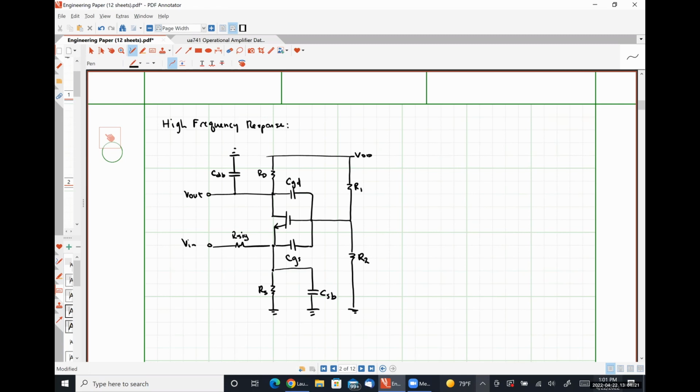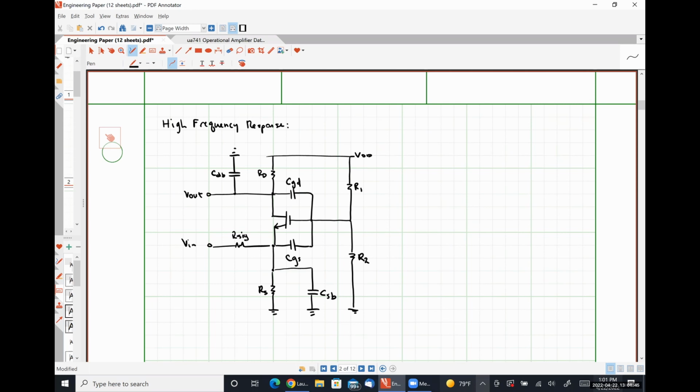So with this node as an AC ground, CGD is now between the drain node and ground, so it's in parallel with CDB. CGS is now between the source node and ground, so it's in parallel with CSB.